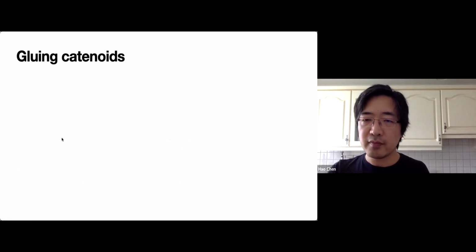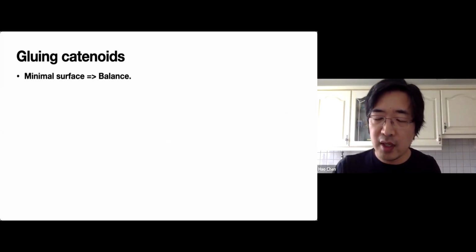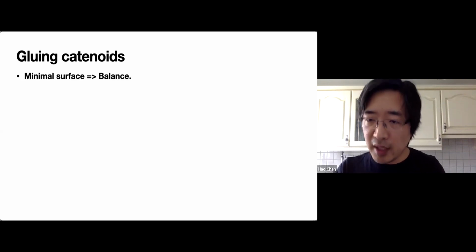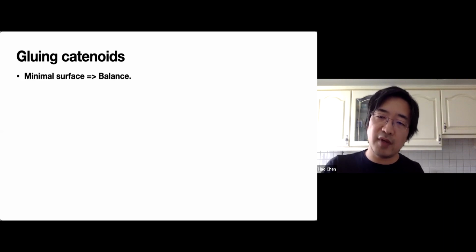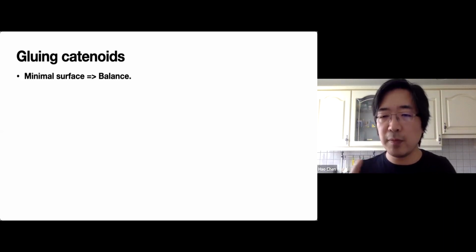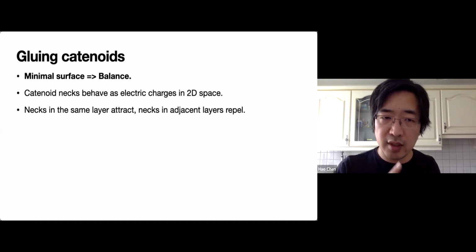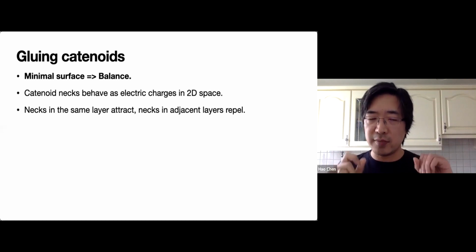So we have mentioned that for the construction to work, the conformal type of the noded surface must satisfy a balance condition. In the context of gluing catenoids, the balance condition only involves the positions of the punctures. More specifically, the catenoid necks behave as electric charges in 2D space.